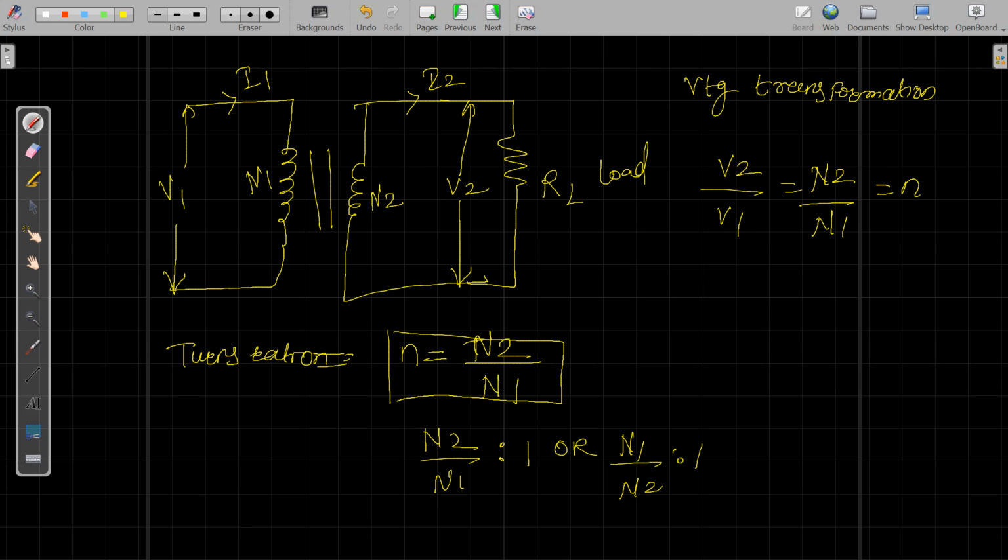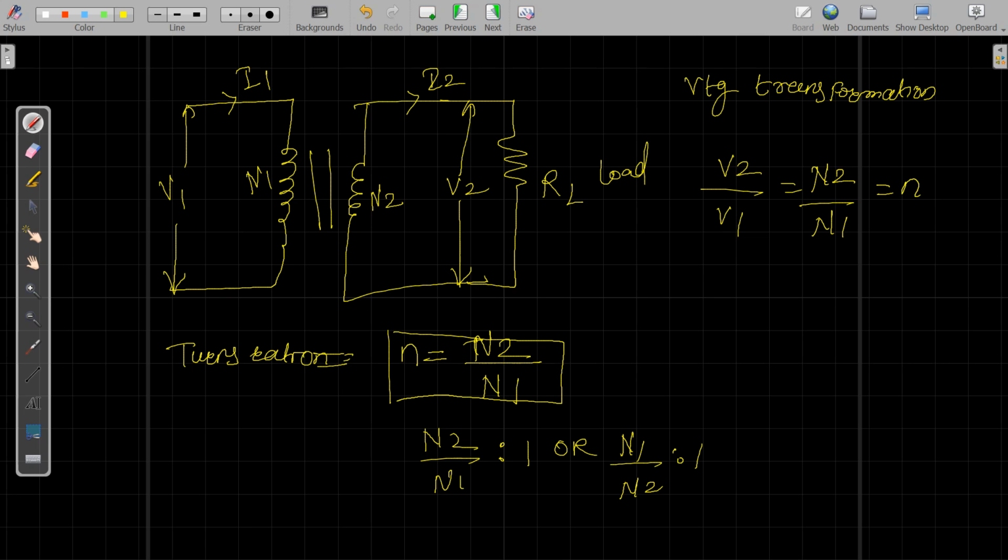And we know that in amplifier analysis, our load impedance will be very small, and the transformer used for impedance matching will be a step down transformer. What do you mean by step down transformer?